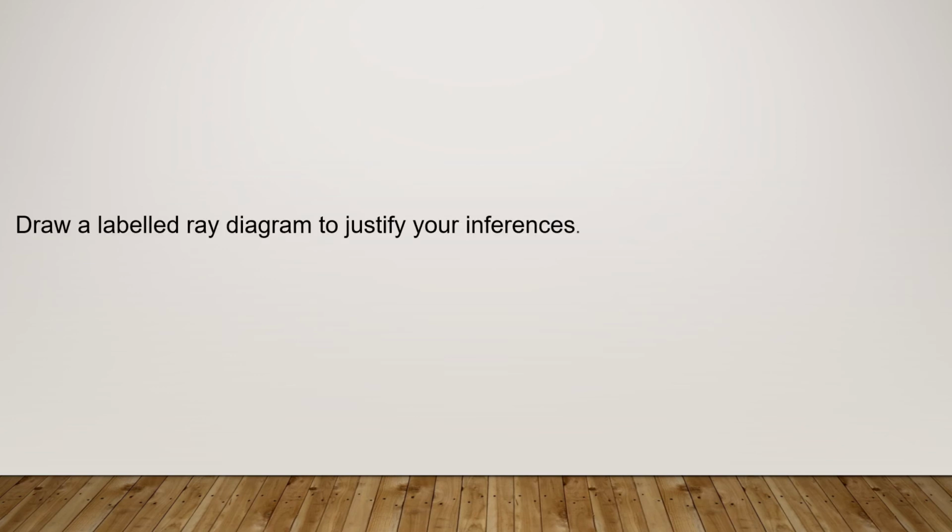Now let us draw the ray diagram as it has been asked in the question. First let us draw the concave mirror, the reflecting and non-reflecting surface, the principal axis and the important points: pole, focus and center of curvature. As we have seen in the question, let us place the object in between the pole and the focus. This is our object, and let us draw the rays. The first ray, parallel to the principal axis, gets reflected and passes through the focus.